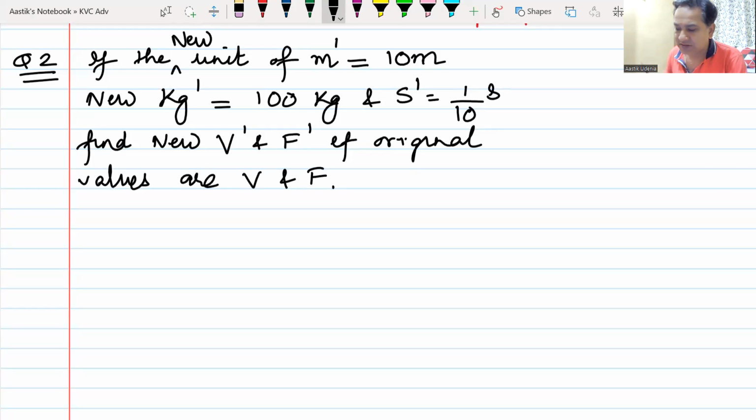So in the original system, which is our system, the values of velocity and force are v and f. I create a new system in which my meter becomes 10 times meter, my kg becomes 100 times kg, and my second becomes 1 by 10 times of seconds. What is the value of new v dash and new force in this new system? I'll give you a minute to do it.